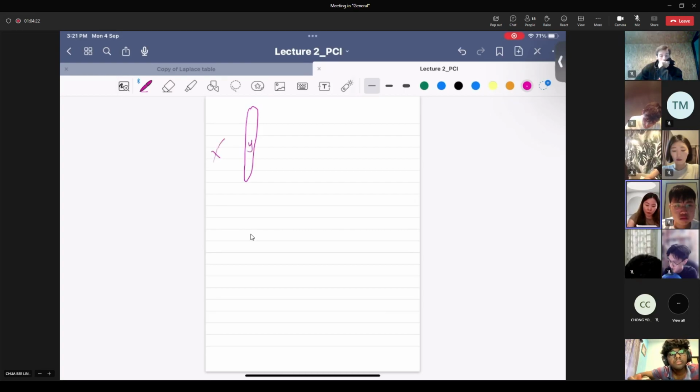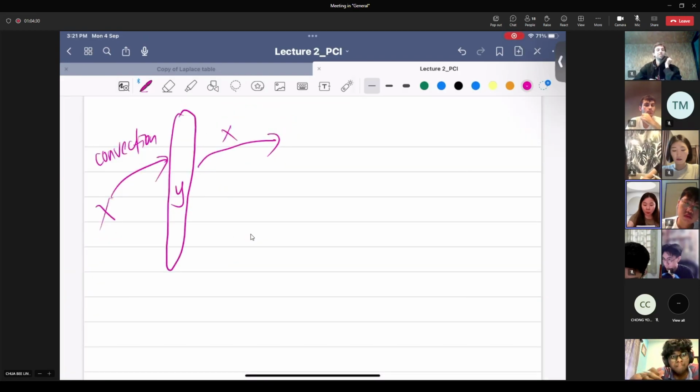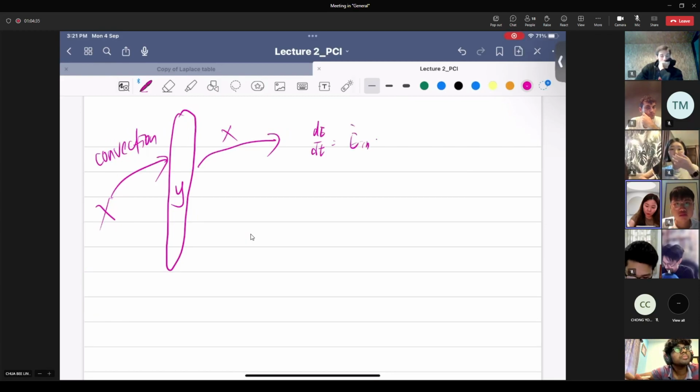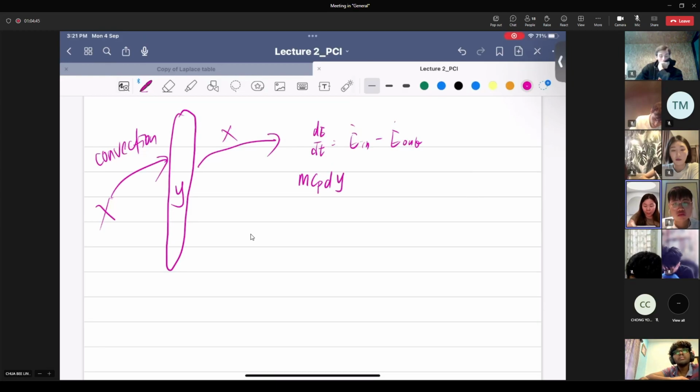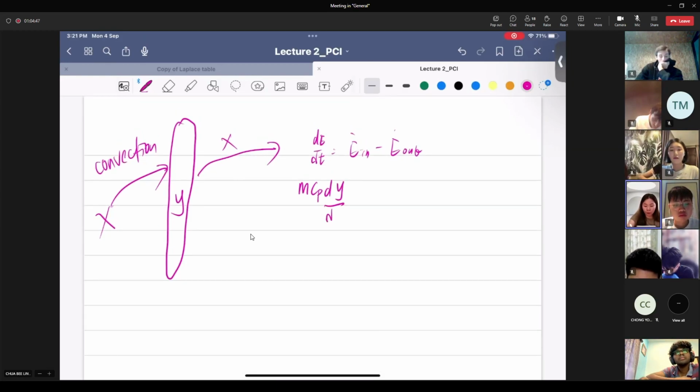Okay, so you have the heat transfer from here, but you do not have the heat transfer for this one, and you only consider the convection. Therefore, you'll be using the equation of dE over dt equals E dot in minus E dot out. An equation for rate of energy is using a simple equation mCp d temperature, which is Y in this example, over dt.